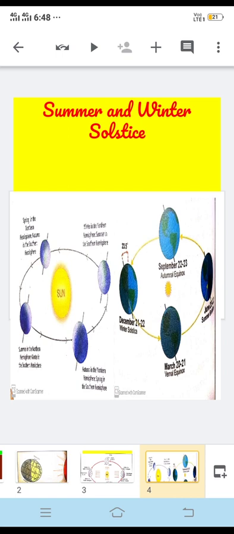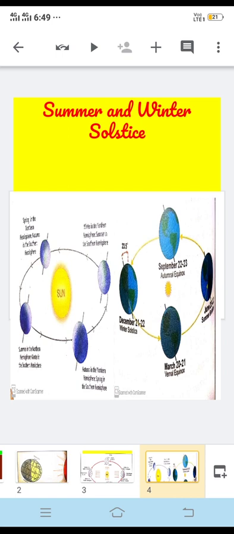At this time in the southern hemisphere, you can see particular conditions. For example, if the northern hemisphere is getting sun rays quite well, the southern hemisphere will not get sun rays.